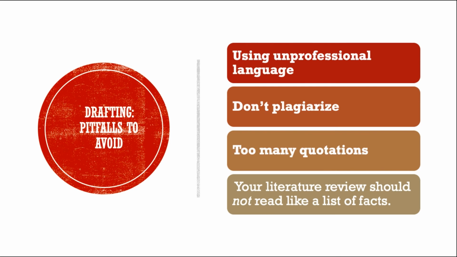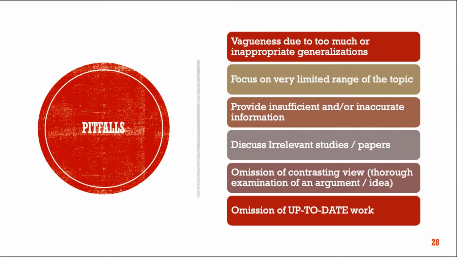And also make sure that your literature review does not read like a list of facts. It should really be critically discussed, not just summarized and put as a list of facts. Then also vagueness, due to too much inappropriate generalization, means that when you discuss, you rely too much on general things, and then we have vagueness.